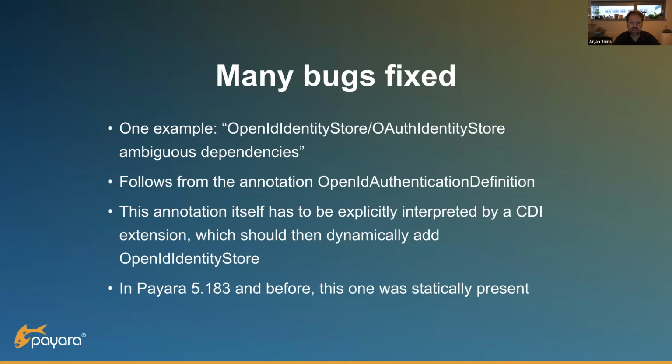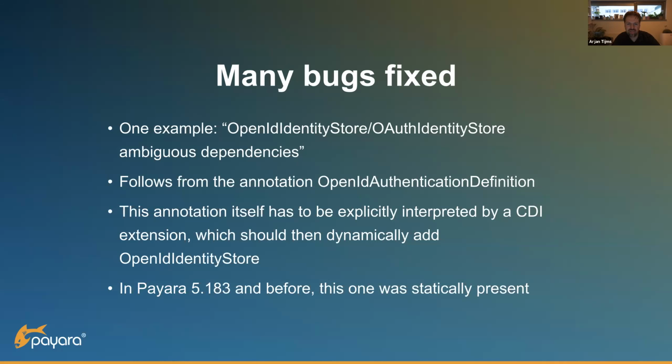It's about the OpenID identity store, the ambiguous dependencies for that one. What that means is that we had multiple stores active in the system. It's basically how CDI beans work. There can be multiple ones available of the same type.